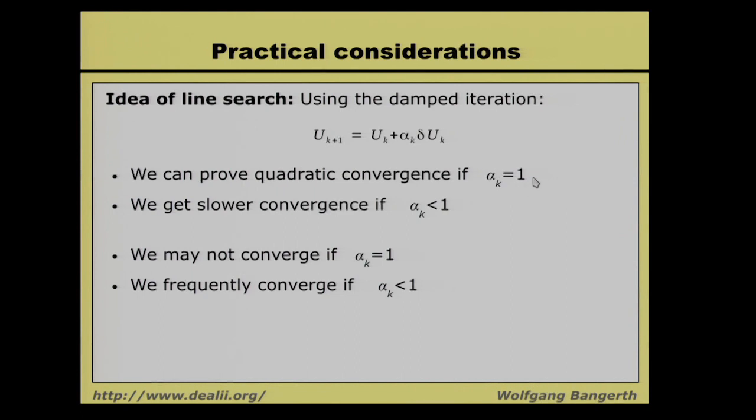If we can't choose alpha k equals 1, then Newton's method does not converge with quadratic rate, but for example only with linear rate or superlinear if alpha k is chosen to be less than 1. At the same time, we may not be able to choose alpha k equals 1, and in that case we have to choose alpha k less than 1 until such a point as we are close enough to the solution that we can choose alpha equals 1. Okay?